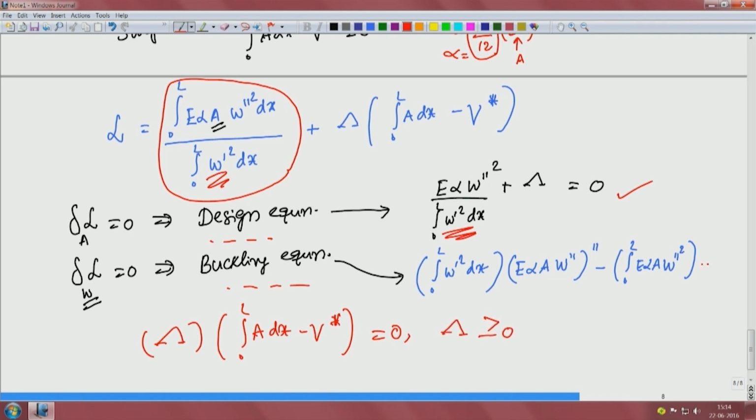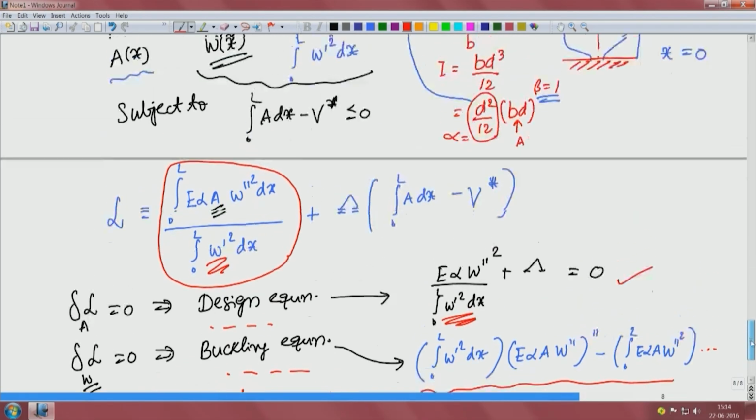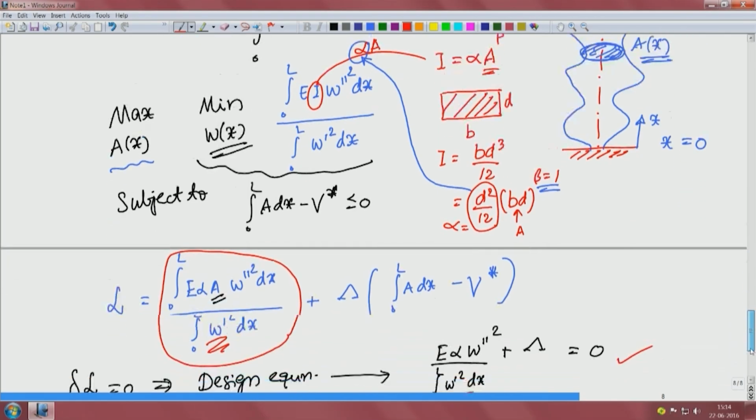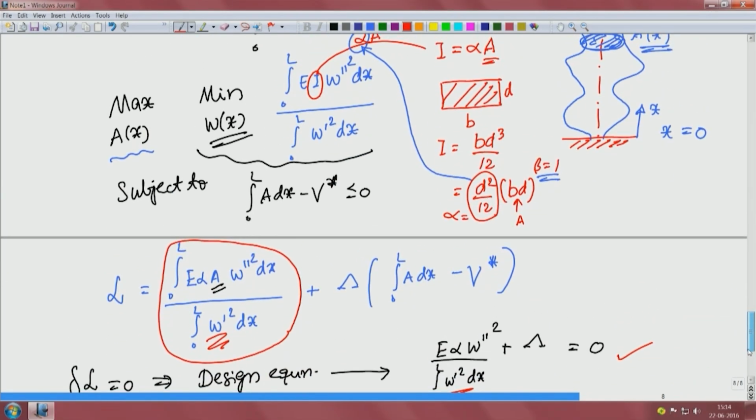This one will have to be redone, and I suggest that you do all this after rederiving the Rayleigh quotient, assuming that I, the second moment of area, actually varies with x. Then we will get this Rayleigh quotient properly, and then we can do what we intend to do.